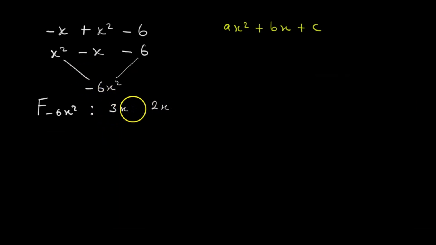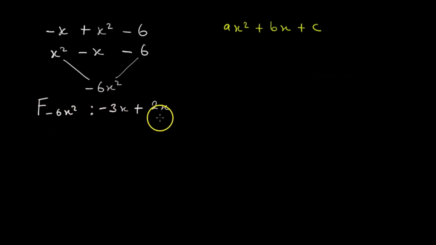If we add the two factors, we get minus x, but if we multiply them, we get minus 6x squared. So if we make 3x negative and 2x positive, minus 3x plus 2x gives us minus x, and minus 3x times 2x gives us minus 6x squared. So we have achieved the factors we needed.